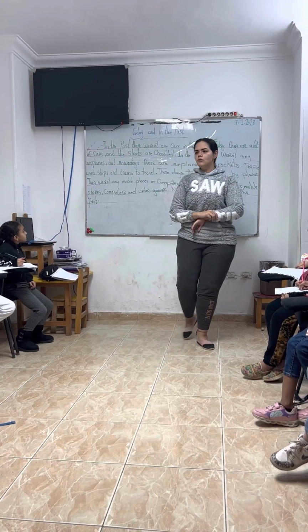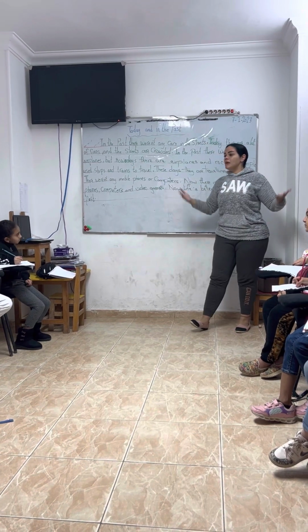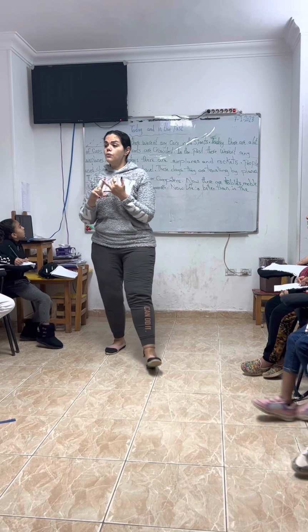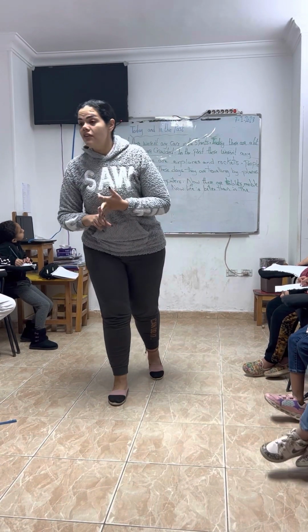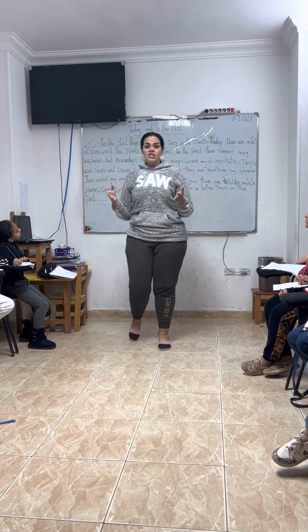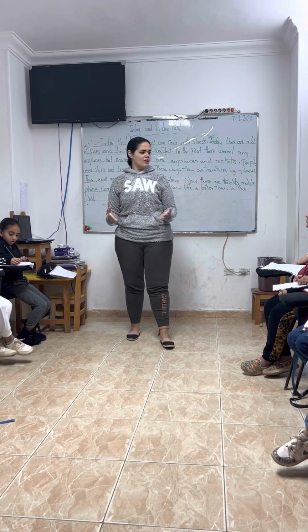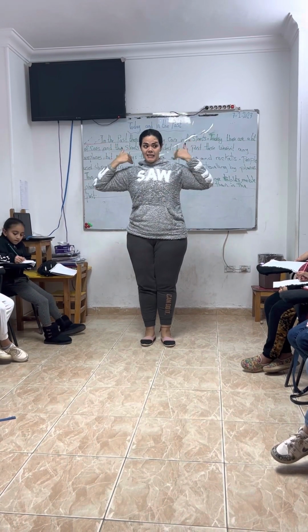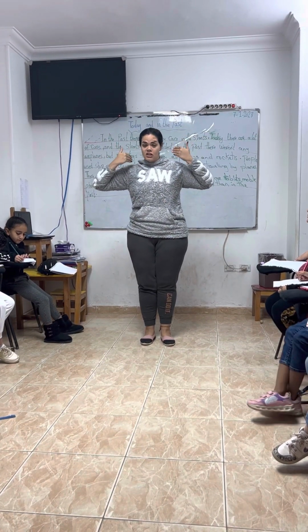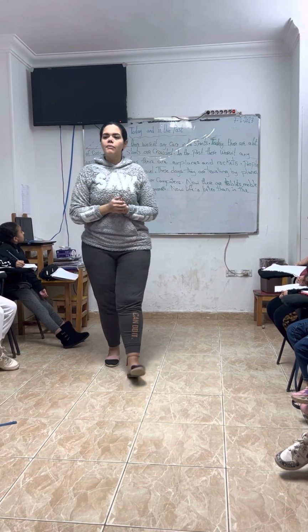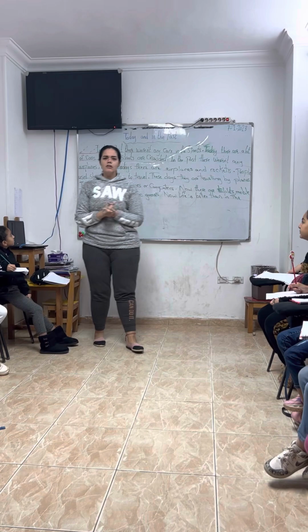I said we use. This is present. But when I talked about the past, I said there was, there were, they used, they could. So it depends on which tense you are talking in. If you are talking about the present, use present. If you are talking about the past, which is an action that happened and finished, we should use past. Okay, I'm going to leave you writing and I'm going to stop the video. Thank you so much.